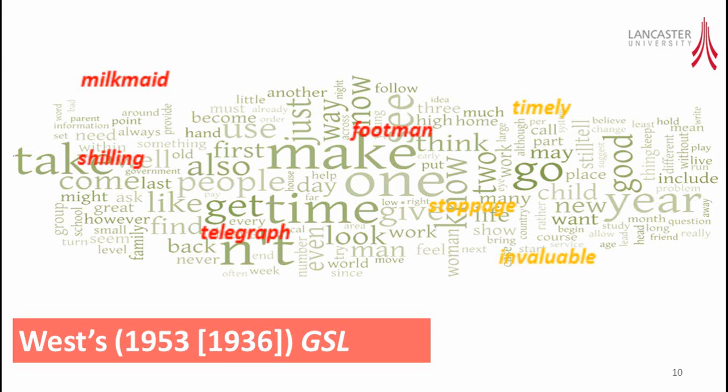When we look at words such as timely, stoppage and invaluable, the reason why they got into the general service list is that they are morphologically related to more frequent words, such as time, stop, the verb to stop, and value, the noun value. Michael West argued that because of this relationship, they should be also included in the word list.